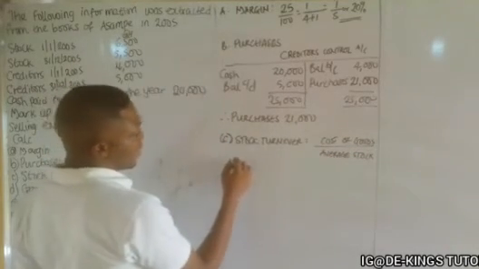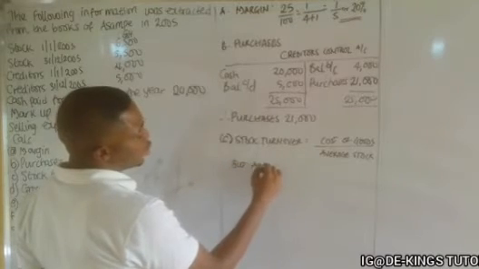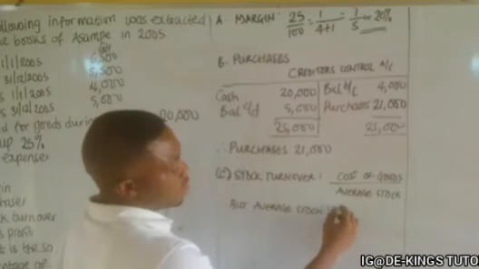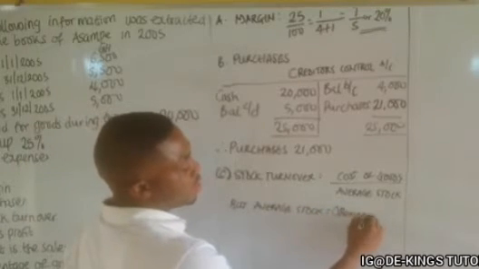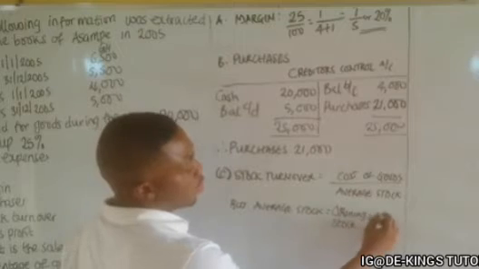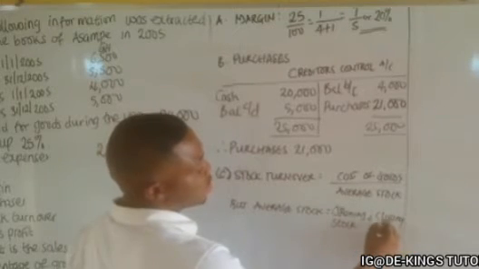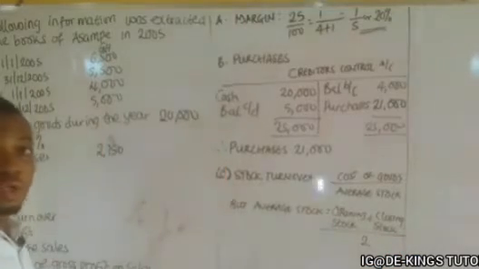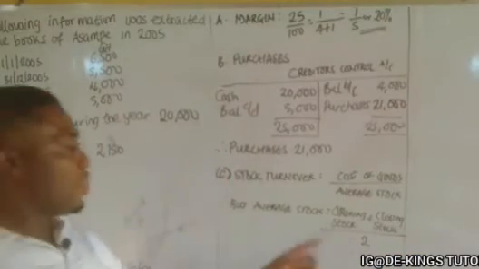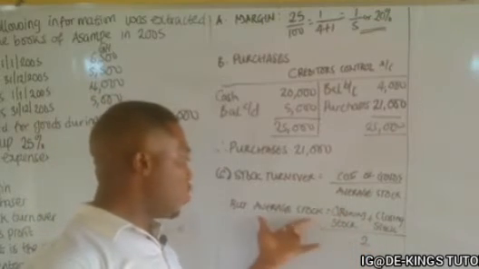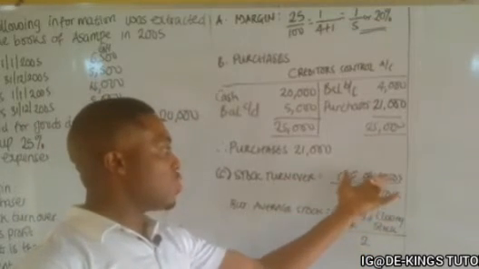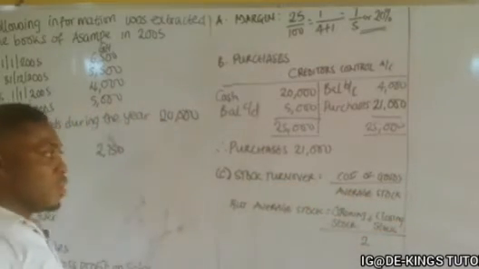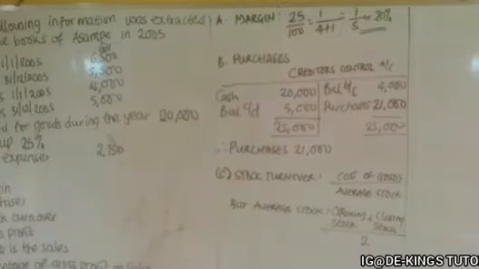And the average stock is opening stock plus closing stock divided by 2. So once you have the average stock, you input it here. Cost of goods sold divided by average stock is what will give us the stock turnover. So it means that we have to get our cost first.